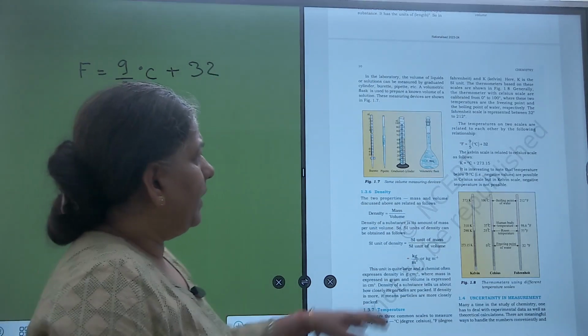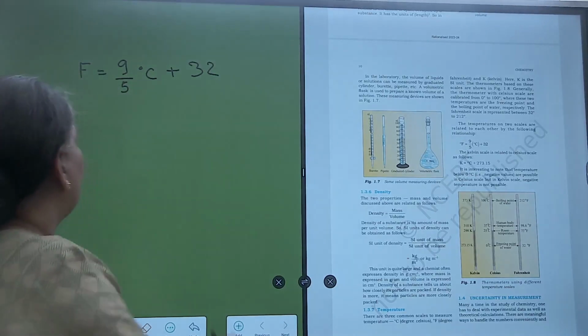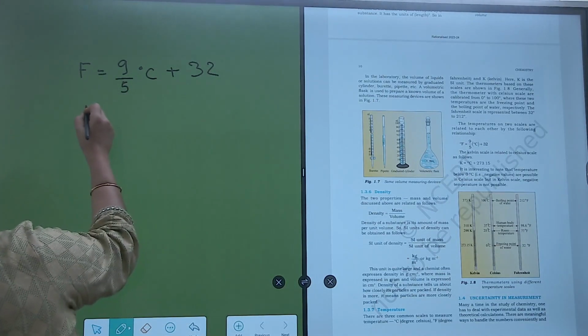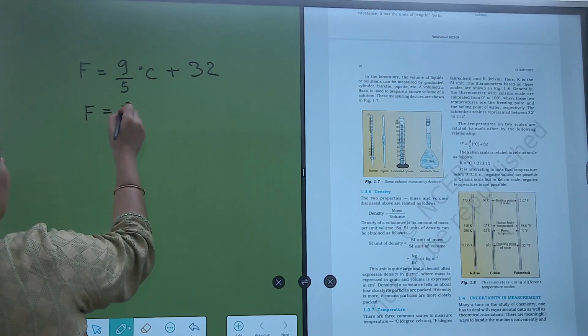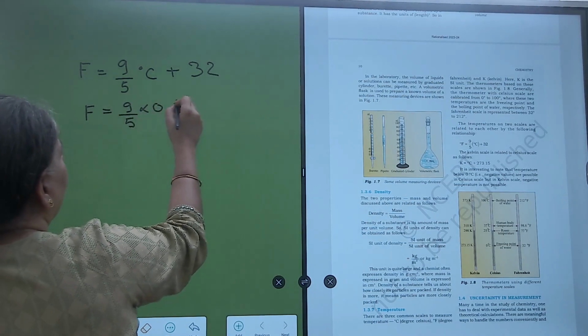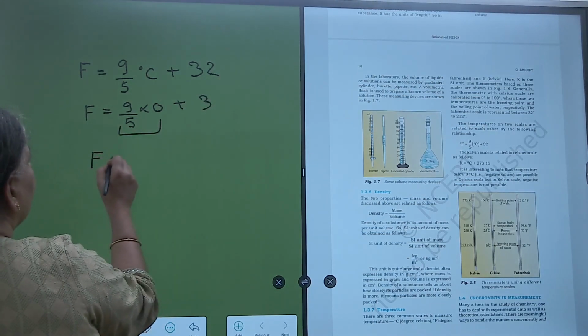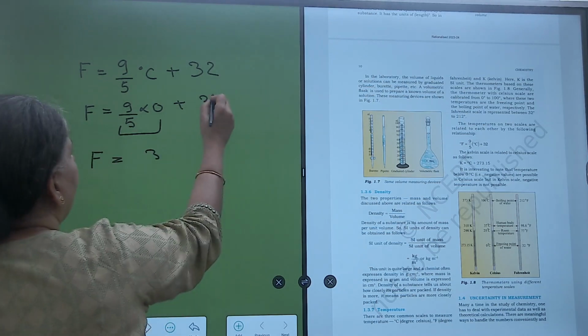What does it mean? If you take 0 degree Celsius, then Fahrenheit will be 9 upon 5 multiplied by 0 plus 32. This term becomes 0 and you are left with 32.